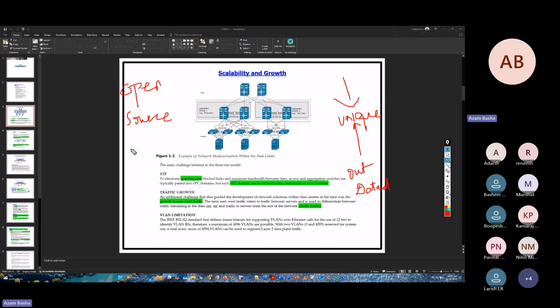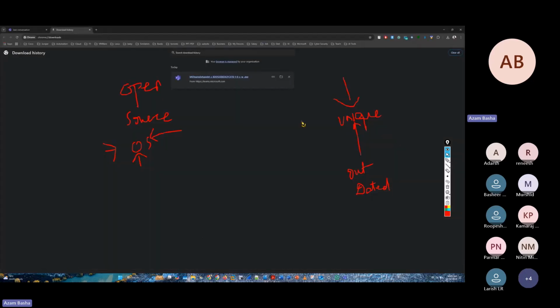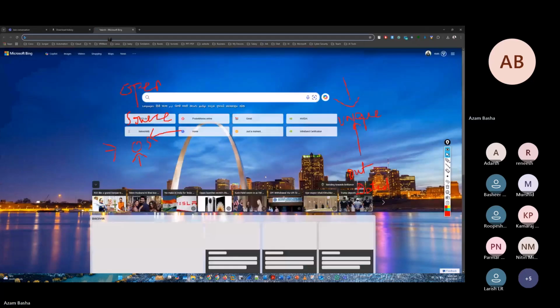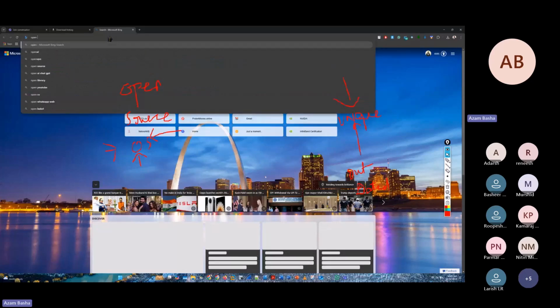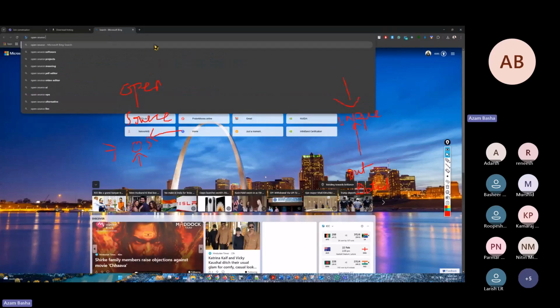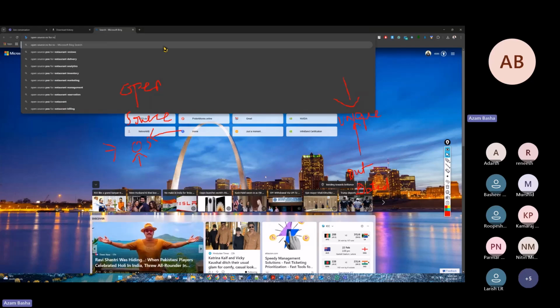Has anyone heard about an open source OS in networking, I mean, in routers and switches? Has anyone worked on it? Or at least do you know that there's an open source OS for routers?